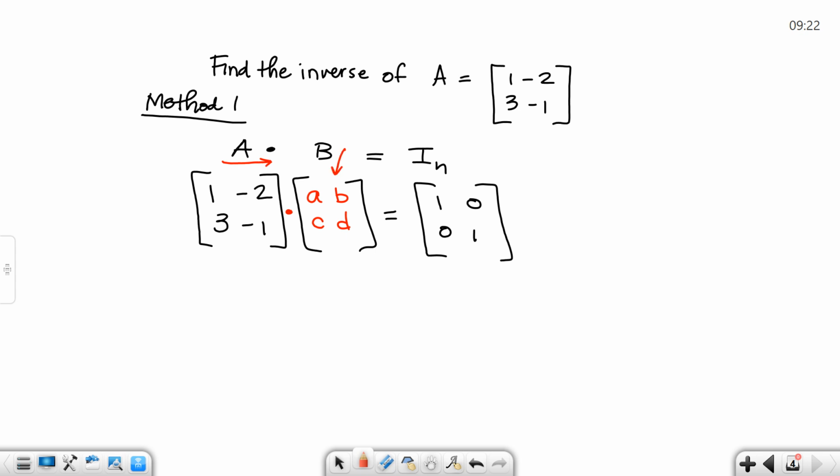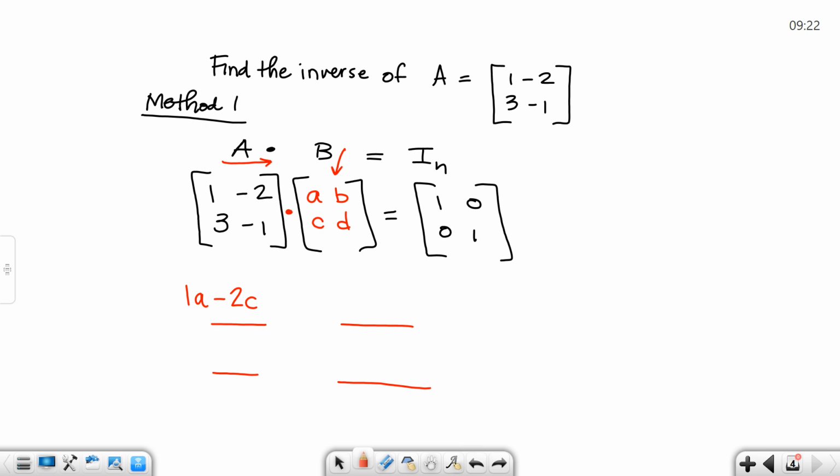Remember, when you multiply matrices, you go across the first matrix and down the second. So when I do this, it's going to look like this. So I'm going to say 1A minus 2C. Okay, so I'm going to point at it. 1A minus 2C.